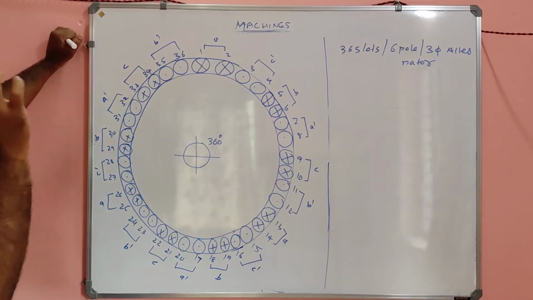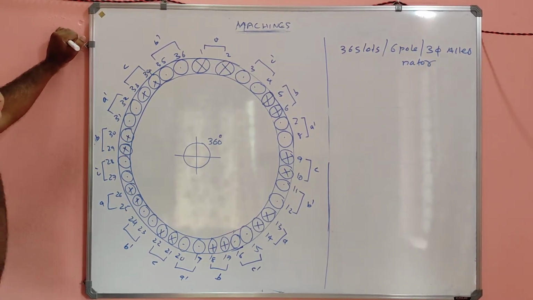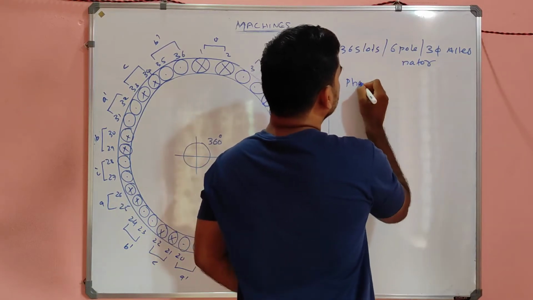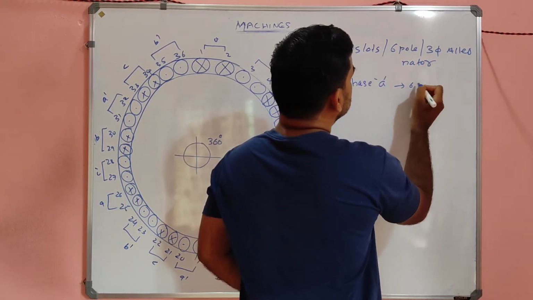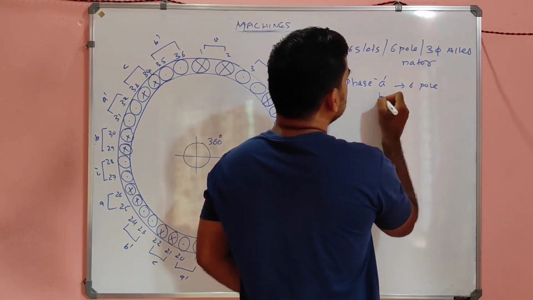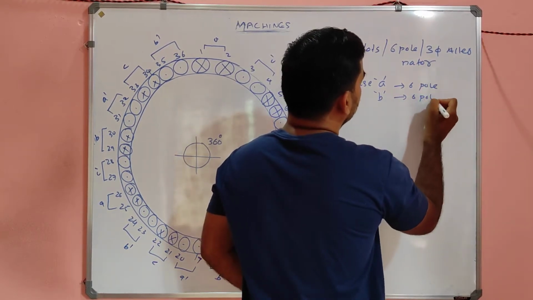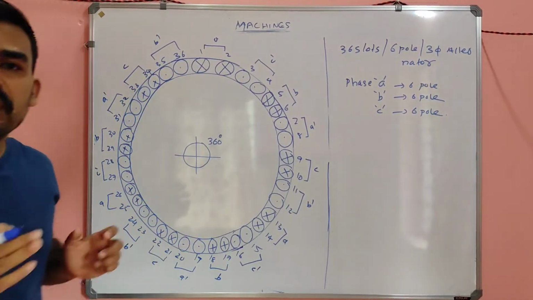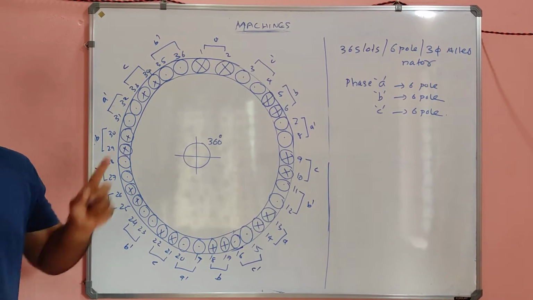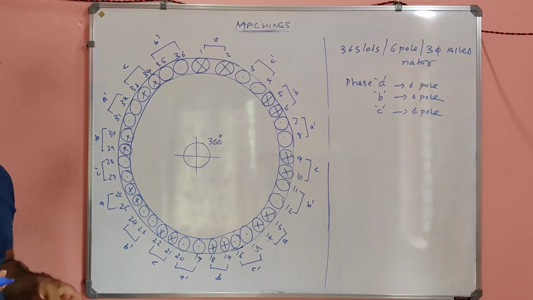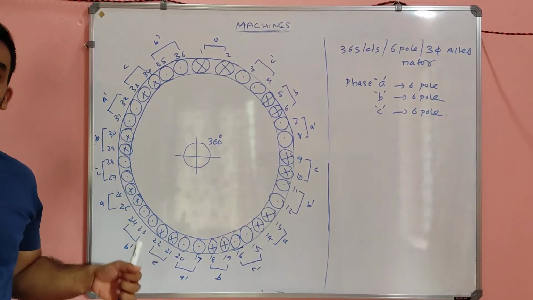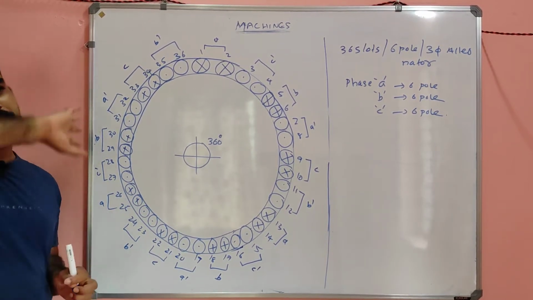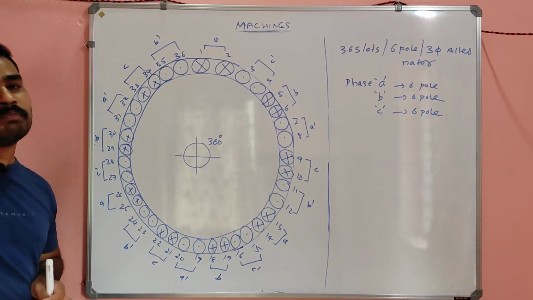See, my dear, a 36 slot, 6 pole, 3-phase alternator means phase A has 6 poles, phase B has 6 poles, and phase C has 6 poles. That is the meaning of a 6-pole structure for a 3-phase machine. In a DC machine there is no 3-phase, so poles won't cause confusion.